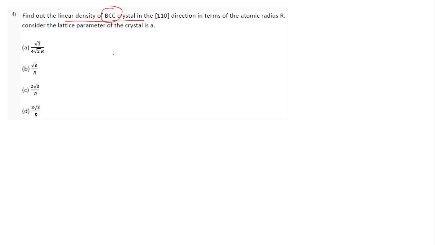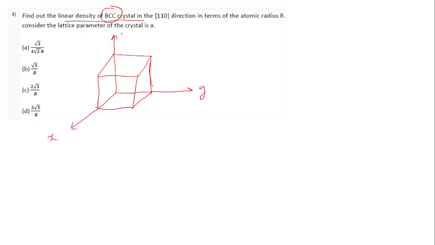I think the best thing is to first quickly draw a unit cell diagram because it helps in visualization. So this is our cubic crystal, let's say this is the x direction, this is the y direction, this is the z direction, this is the origin.